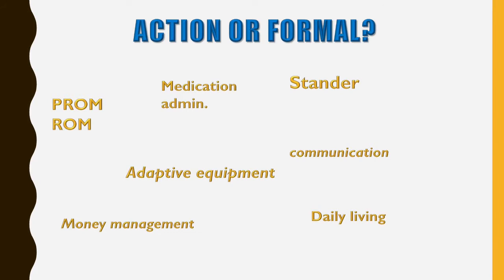So therefore, for prone, stander, and adaptive equipment, you have to collect data on how the individual is doing with these particular action objectives. Also, it's ongoing, and it does not need editing because it stays the same.